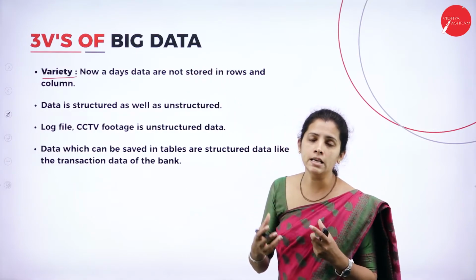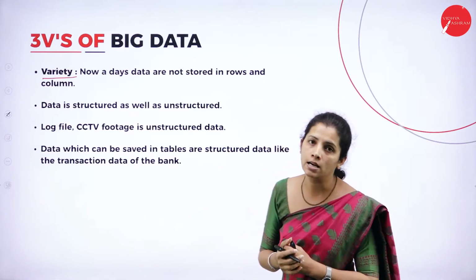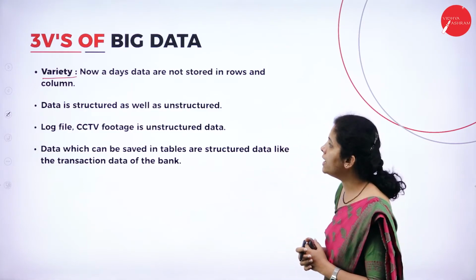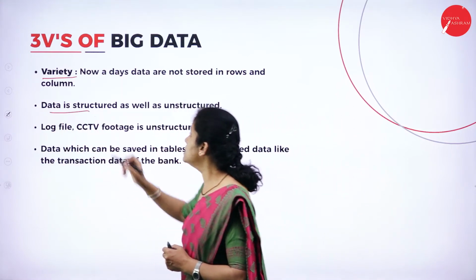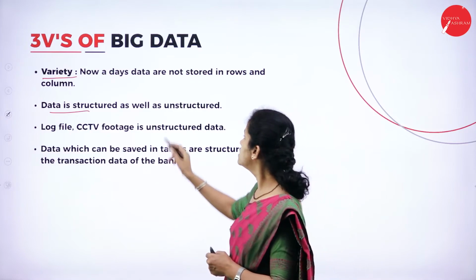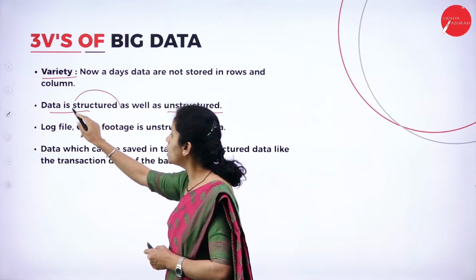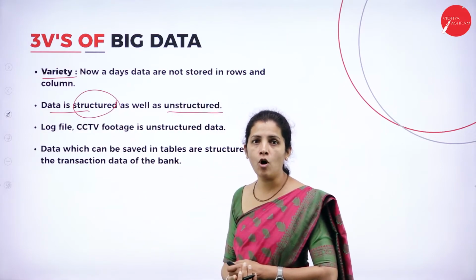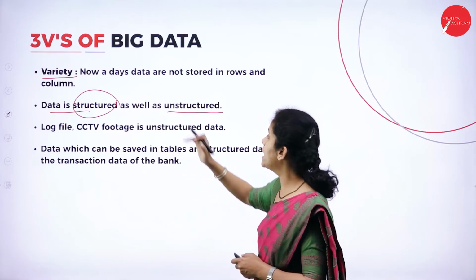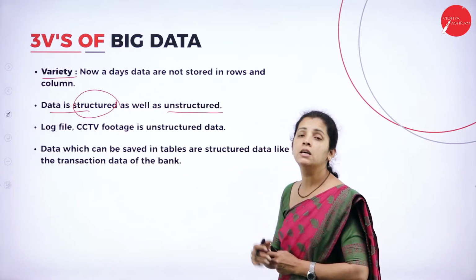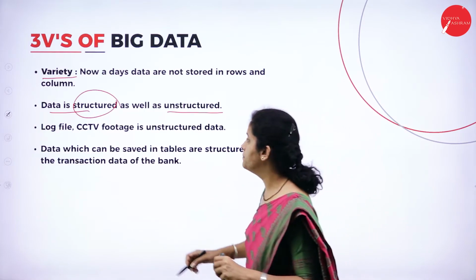So nowadays, whatever data we are going to get is in the form of structured, unstructured and semi-structured. Structured means data are organized or arranged in the form of tables, that means rows and columns, whereas unstructured means data are not arranged in some format.